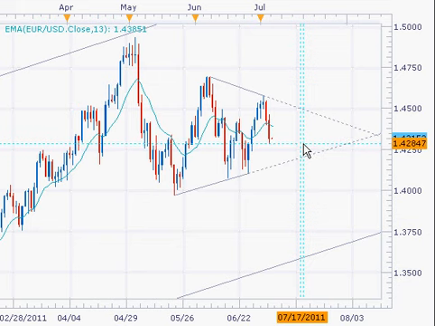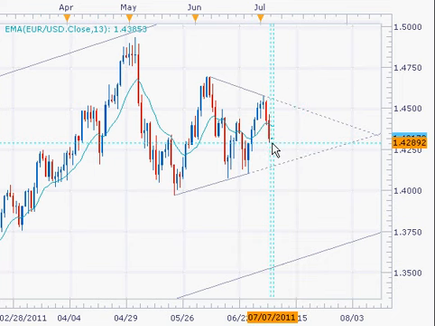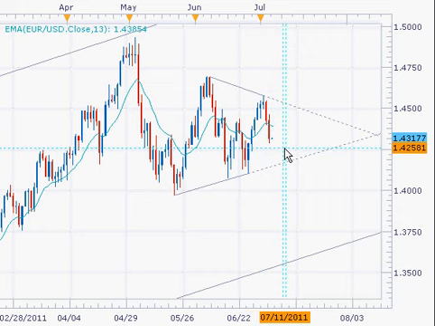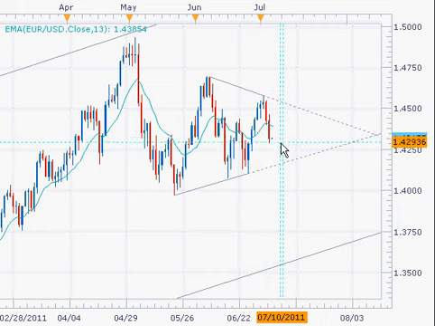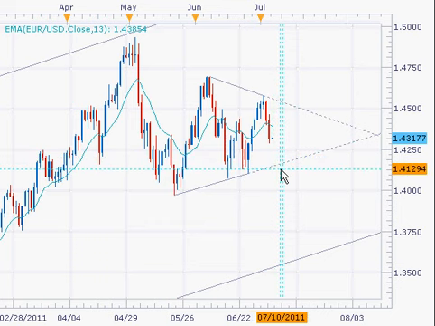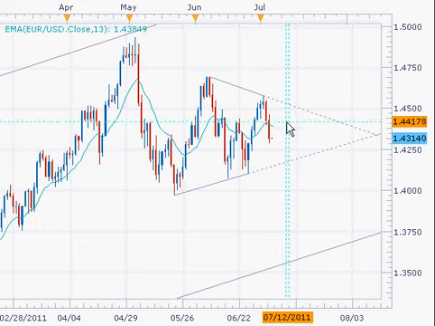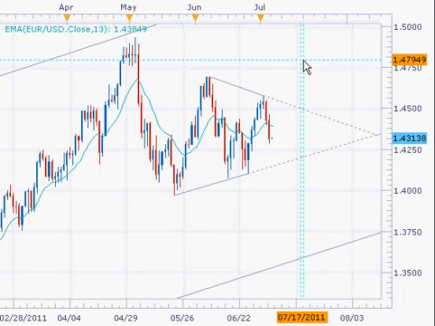Say we've got support here, 1.4280, which we've actually already hit, but we could come back down there again and see more upside from that, or 1.4250, because the end of the E wave of a triangle is something more complicated to predict. Sometimes it ends around the middle, sometimes it comes down, sometimes it breaks a little bit out to the downside with a false break before a move that's very quick to the upside.